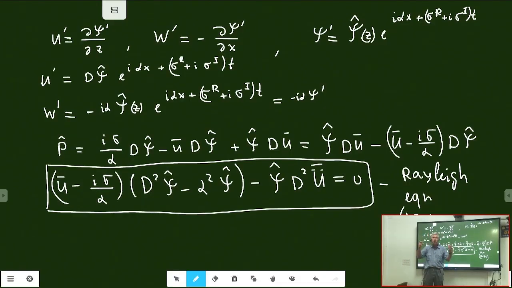When we combine the two oscillations together, we get a wave. Spatial oscillations are what happens in space, and temporal oscillations are what happens at the same location. Combine the two and you will see the wave going. So that's the physical meaning of these two parts. On its own, sigma I represents essentially the frequency of oscillation.